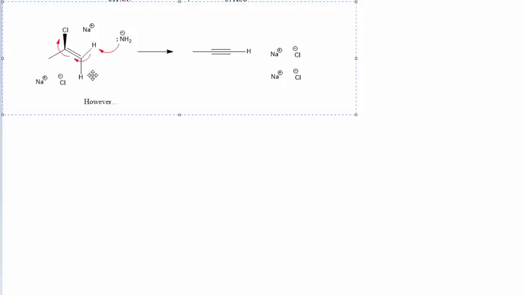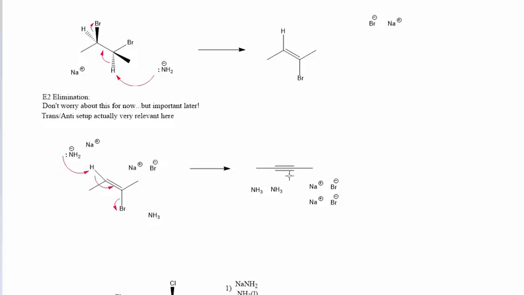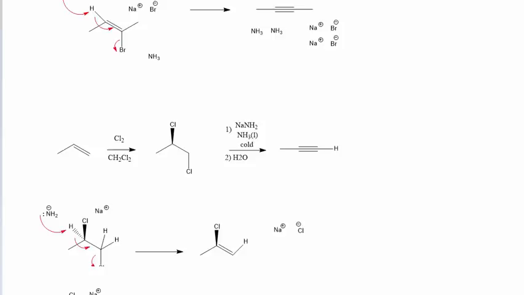Okay, and then once again, what happens is that the NH2 comes in, attacks this hydrogen, and forms the triple bond, and we get this. So that's pretty similar to the reaction we just saw, where we formed this. Note here that it required 2 molecules of NaNH2 to do this transformation. Over here, it still took 2 molecules of NaNH2.